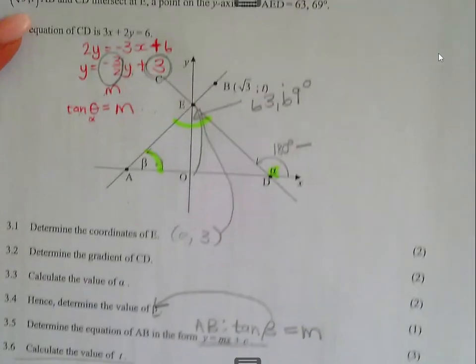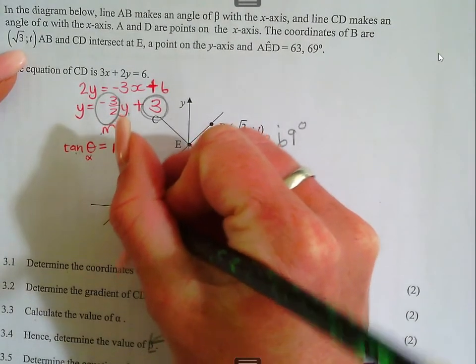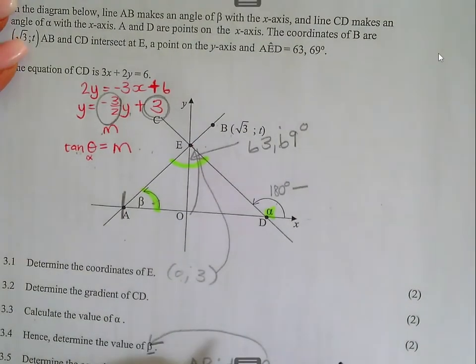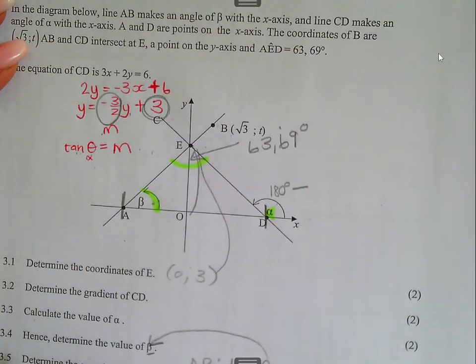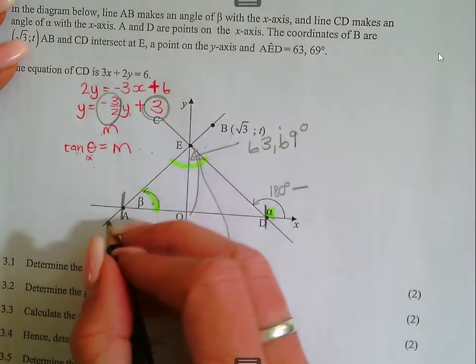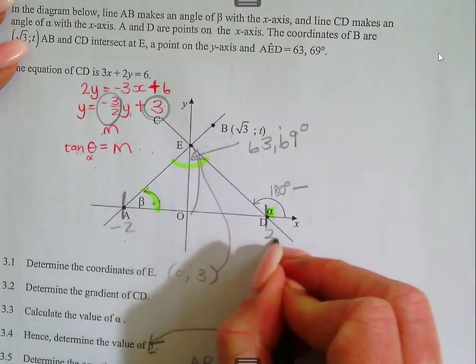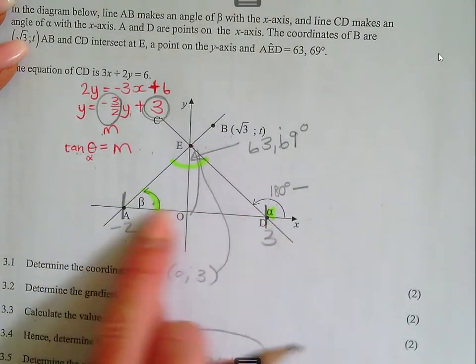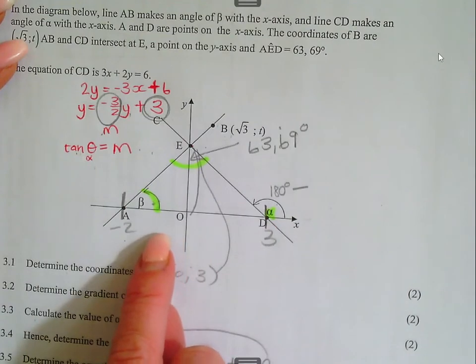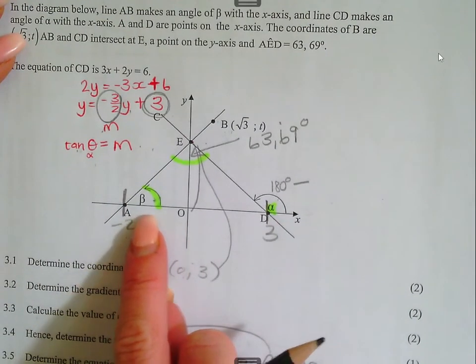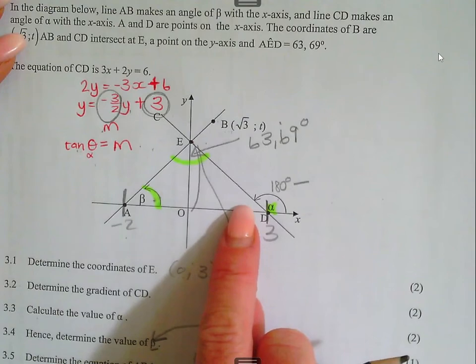Okay, so what I would do, I'd get that value, the x-intercept. No? Because if that is, for instance, -2 and that is 3, then what's the length of this? It's 5. No?